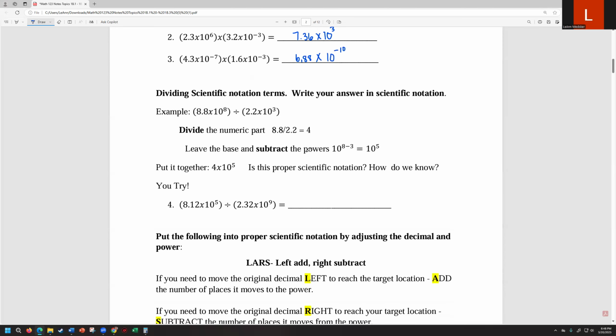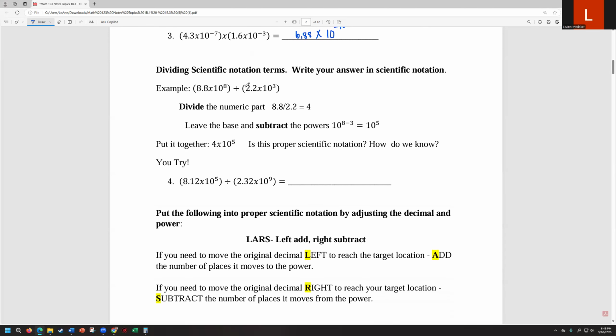Okay, when we're dividing, the steps are very similar, except we are doing the process for division. So when you see divide in between your two parentheses, you're doing the top one, which is this first one, divided by the bottom one. So notice I wrote 8.8 divided by 2.2. That comes out to 4. And then remember, our rule is we subtract the exponents, but it has to be the top exponent minus the bottom, because if you think about this in fraction form, if this was a fraction bar, this 8.8 part is on top.